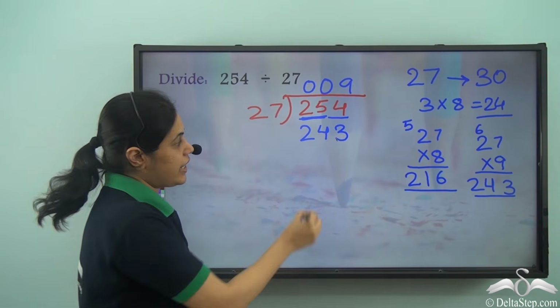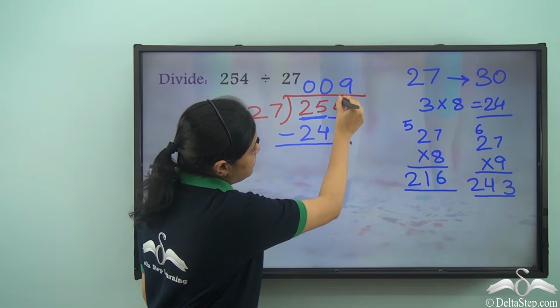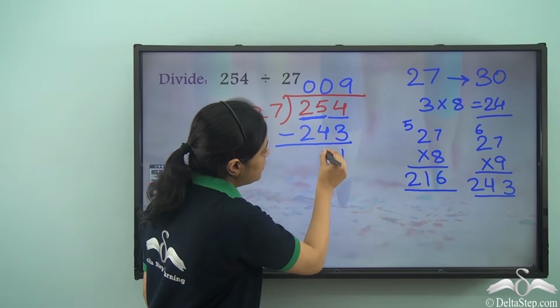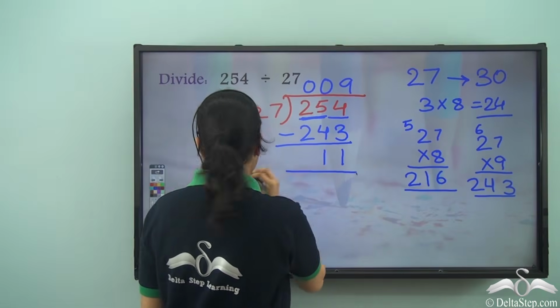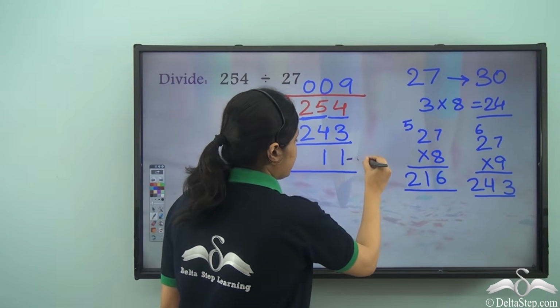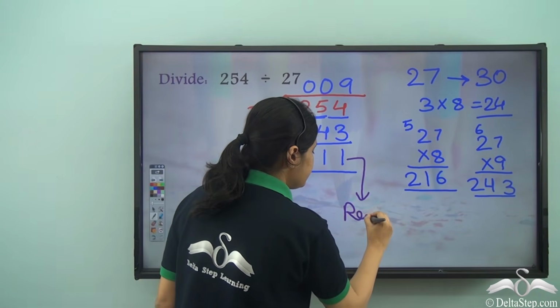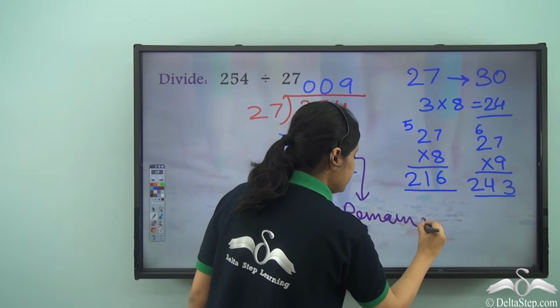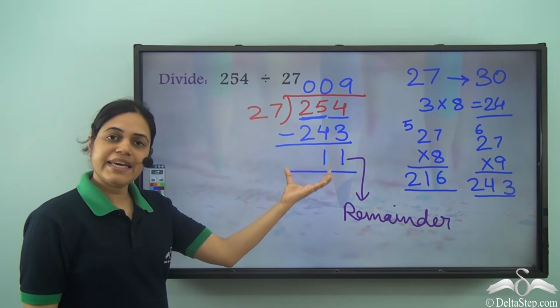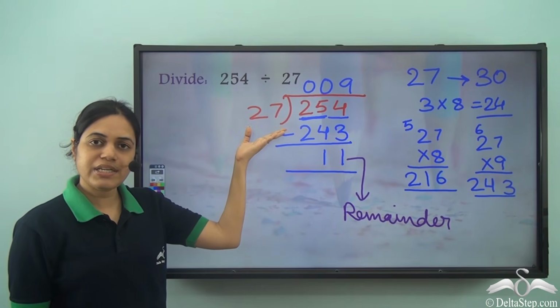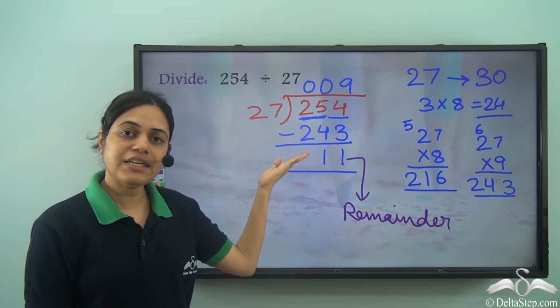243, and I subtract it. When I subtract it, I get 1 here, 1 here, that is 11. So 11 is the remainder. Also, we can see that 11 is less than 27, which means that it is correct.